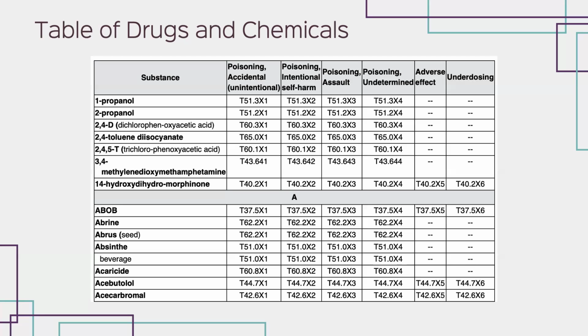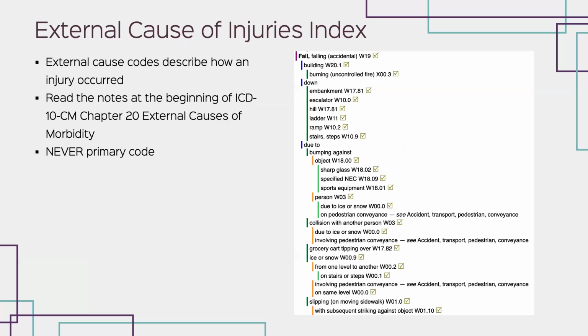That is going to be used to report when the patient takes less of a medication than is prescribed by a manufacturer or a provider. Codes in this column should never be assigned alone. They should always have your condition for which the medication is being prescribed, as well as the underdosing code.